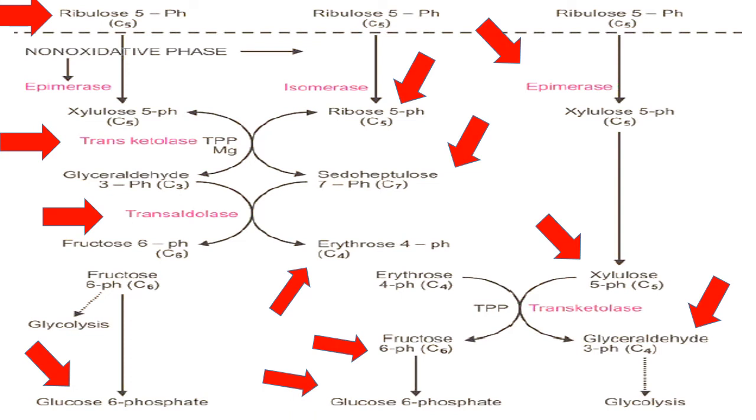6 phosphate. So during the non-oxidative phase of the pentose phosphate pathway or HMP shunt, these reactions convert pentose phosphates to hexose phosphates that allow the oxidative reactions to remain in action. Most importantly, the enzymes transketolase and transaldolase are specific to this pathway.